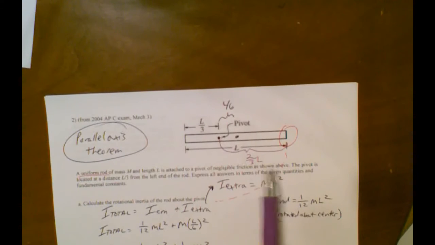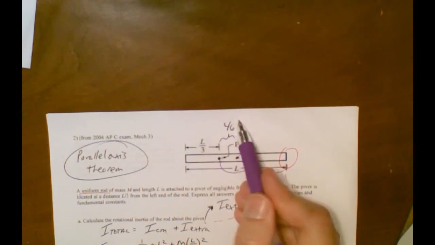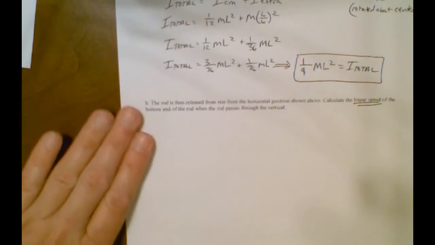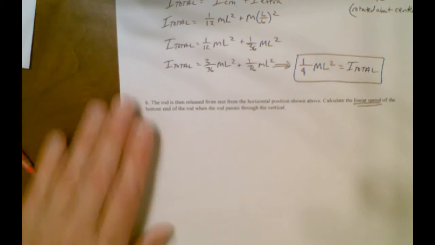Okay, but if we think about this as an energy problem, the rotational kinetic energy that this thing is going to get is going to be due to this center of mass falling, and that's only going to fall 1/6 L. So it's a little more complicated than it seems initially. So I'm going to write that down. I'm going to think of that as an energy problem.